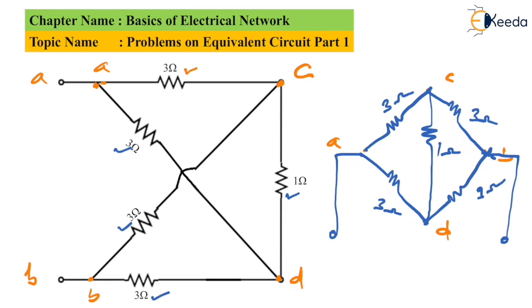If you have seen this circuit, it is nothing but forming a bridge. This is called a typical bridge circuit. And if you observe it carefully, you will find that this is a balanced bridge.